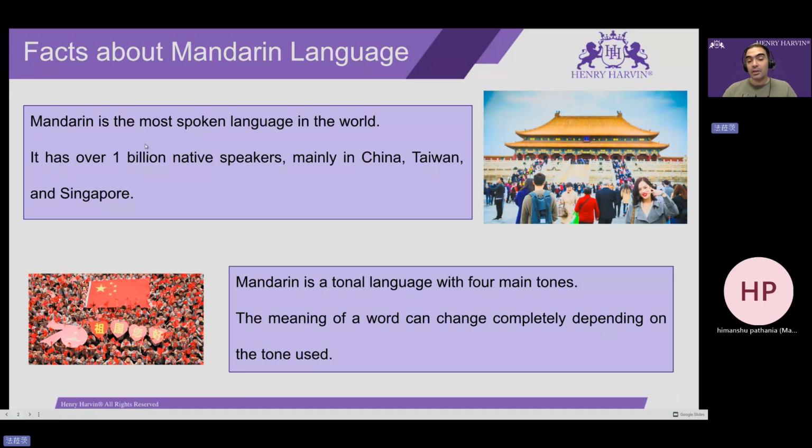So it's very important to learn about the tones very well, how to use them and how to differentiate between them while communicating with the other speaker, whether it's about understanding the person or communicating yourself. It is very important to have a better understanding of this part.